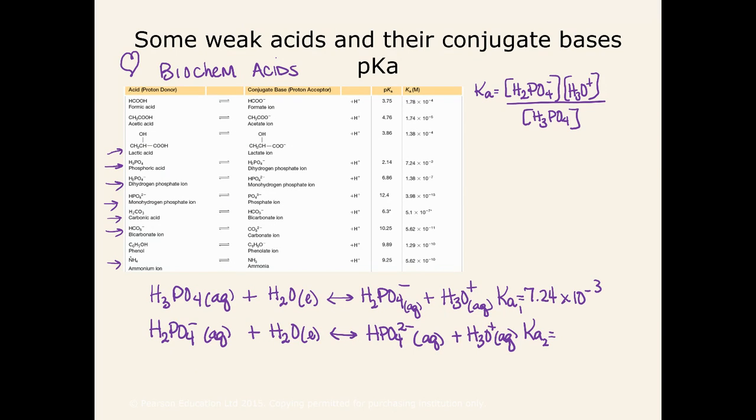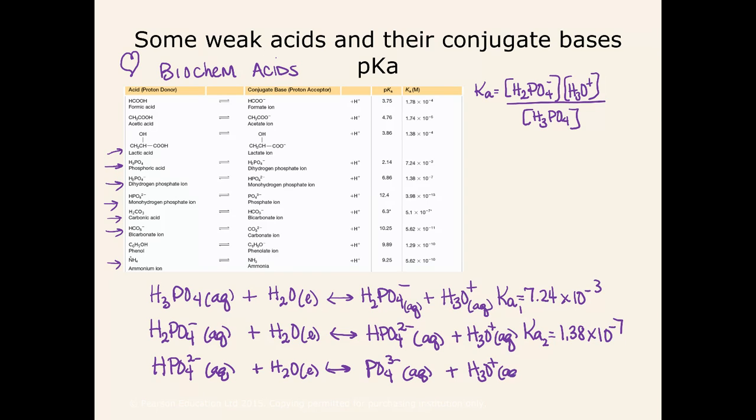And let's look up that Ka, 1.38 times 10 to the negative 7. And lastly, HPO4 2 minus. Write it in from the chart.